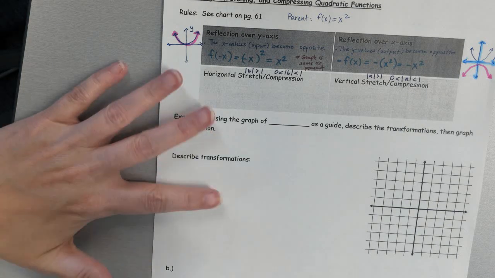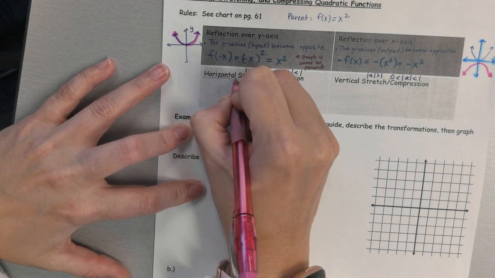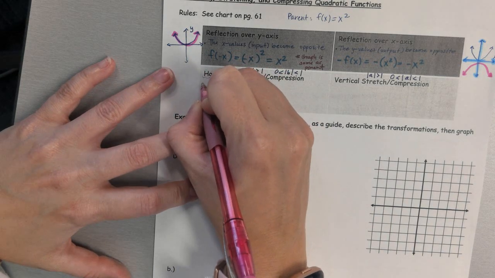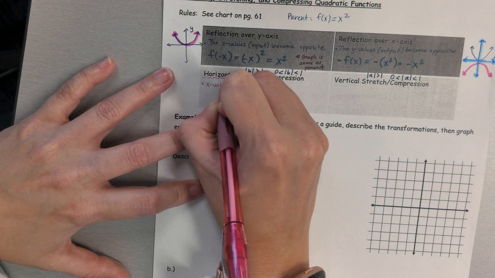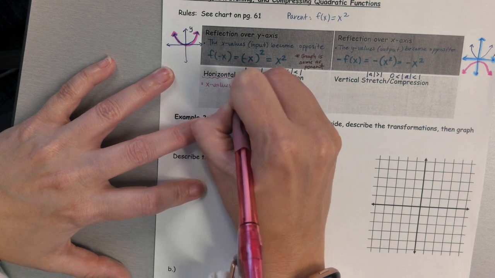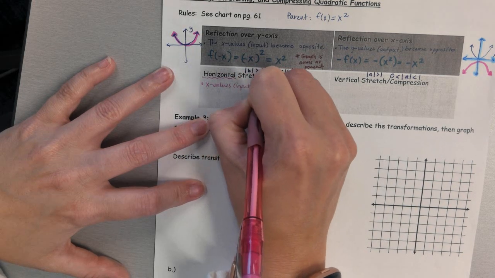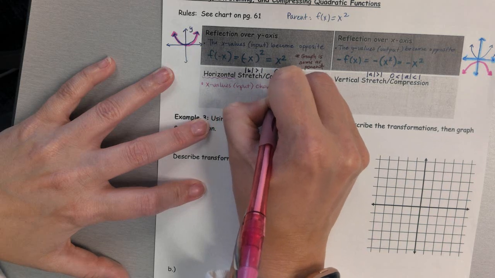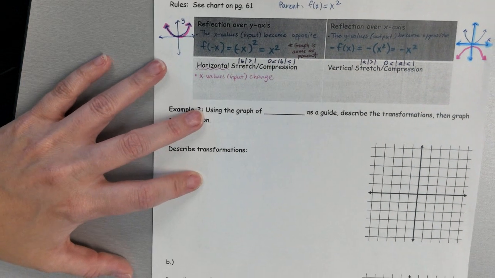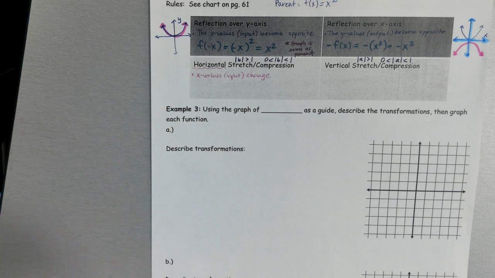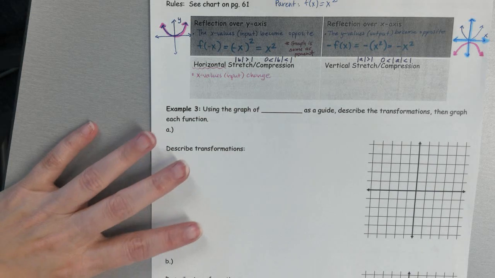So when it is horizontal, it is the x values that change, or the input. And what they change by depends on the factor. Okay, this is an area that some people didn't get right on the quiz. So if it's horizontal, it's the x values that are going to have the change applied to them.